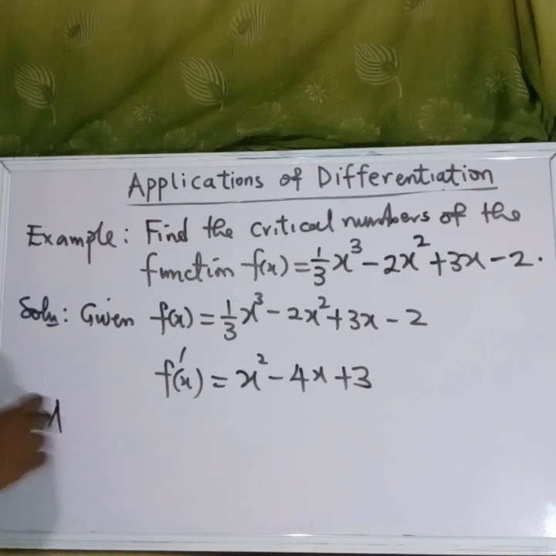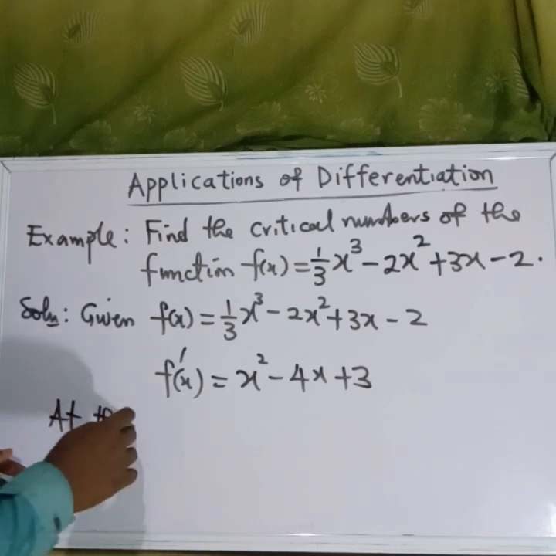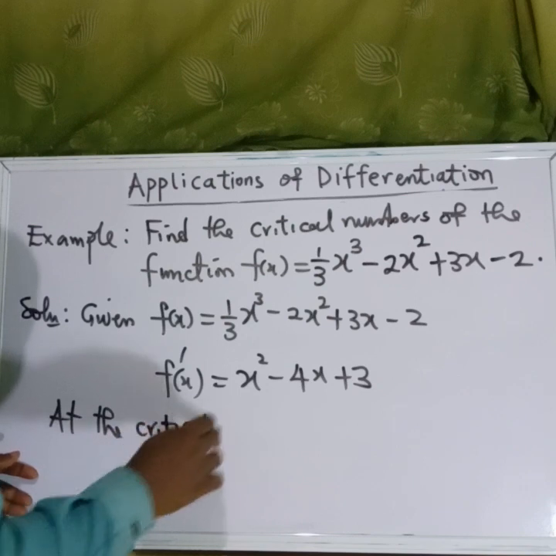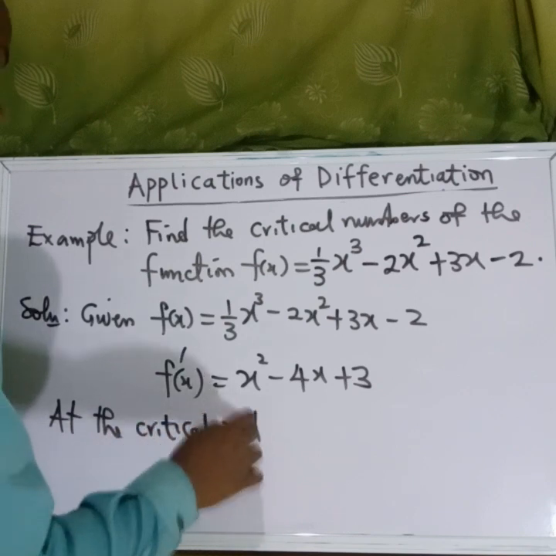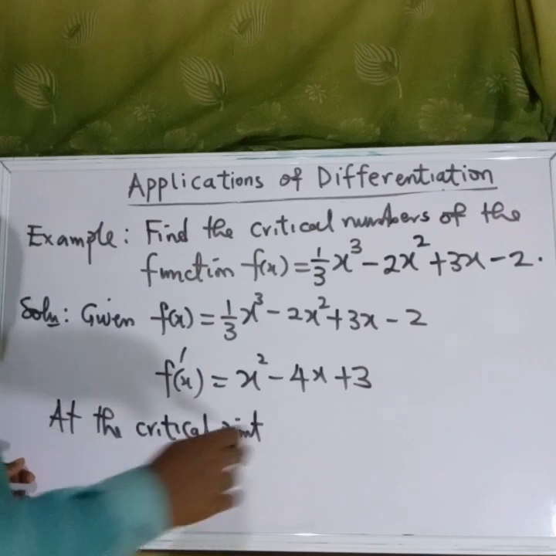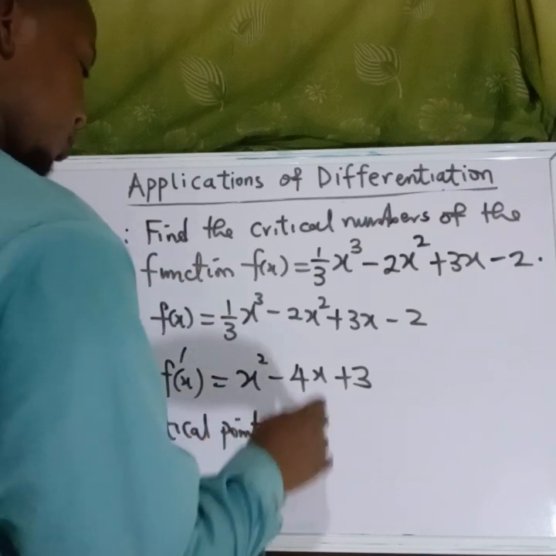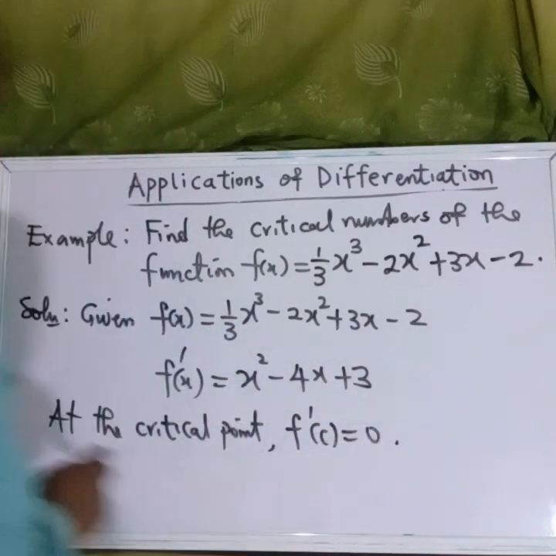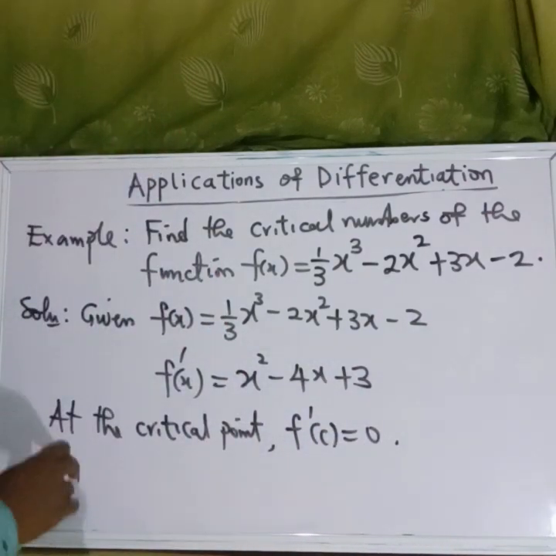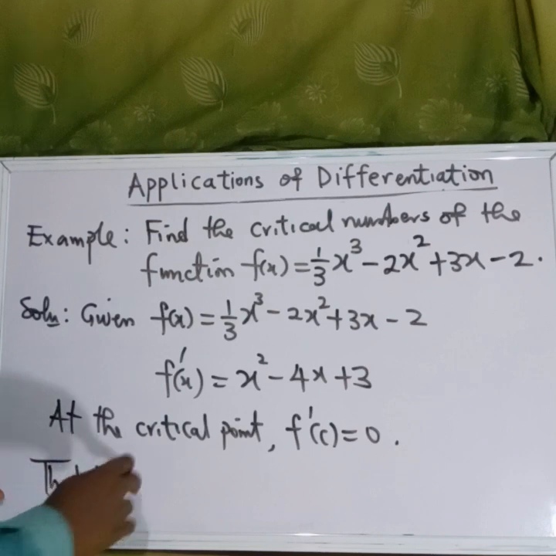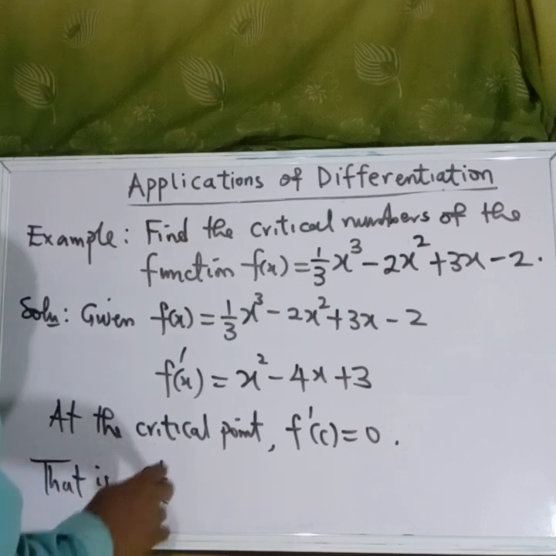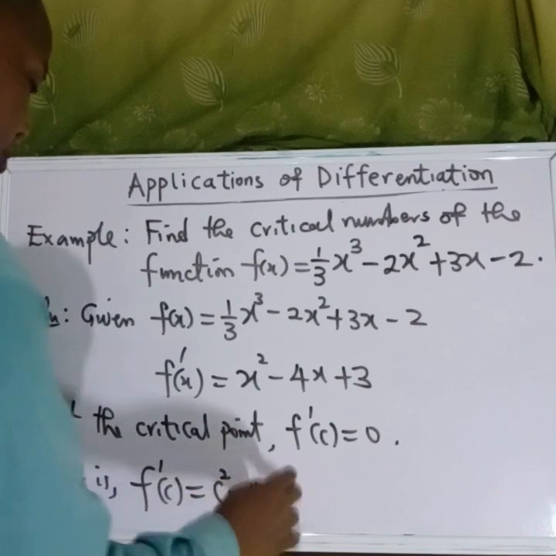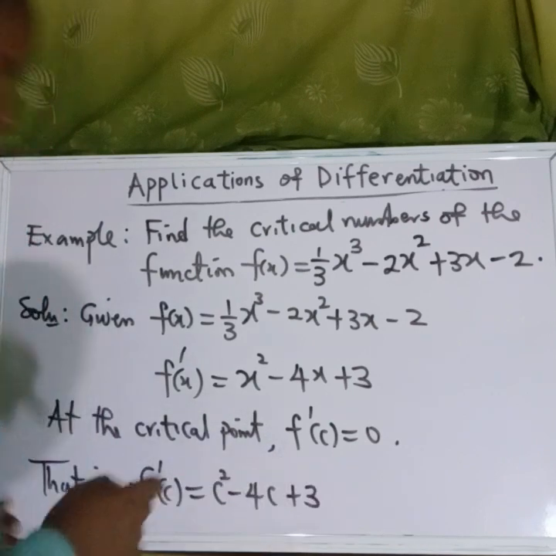At the critical point, f prime of c will be 0, and the meaning of this is: f prime of c is equal to c squared minus 4c plus 3 equals 0.